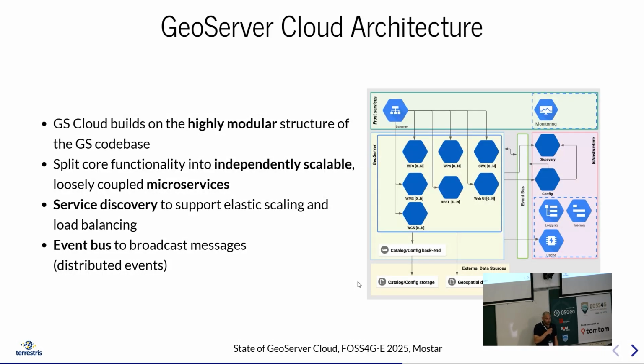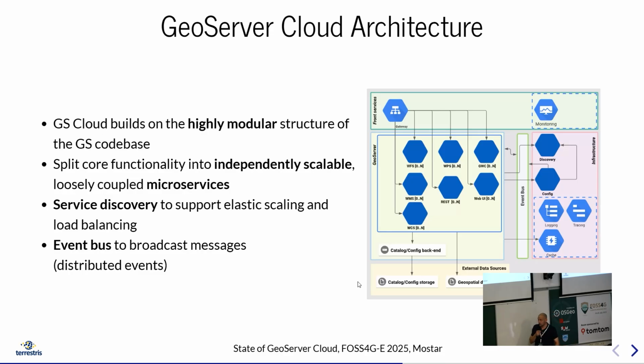Luckily, the traditional GeoServer core code is highly modular. It's a Java project, organized as a Maven project. Maybe some of you know this. And what GeoServer Cloud does is it just picks up those core implementations and, let's say, repackages them into independently scalable, loosely coupled microservices.